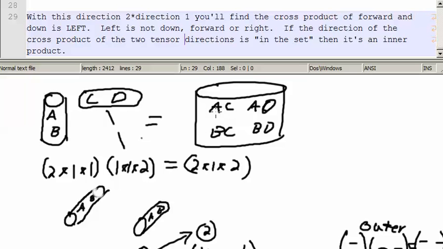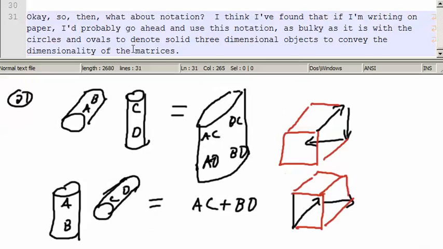So it will give you an outer product. And if you go to the right then down, the cross product of right then down is forward, and forward is in the set, so it would give you an inner product.